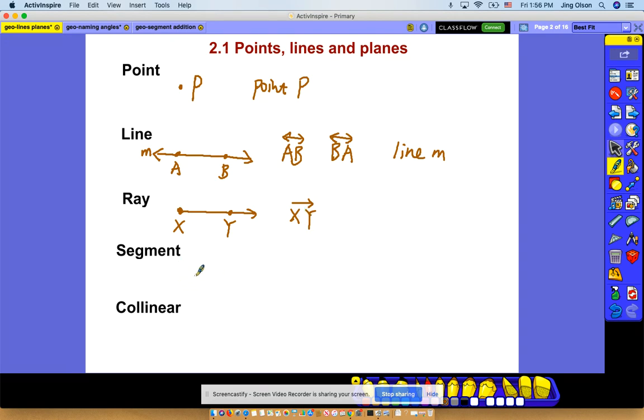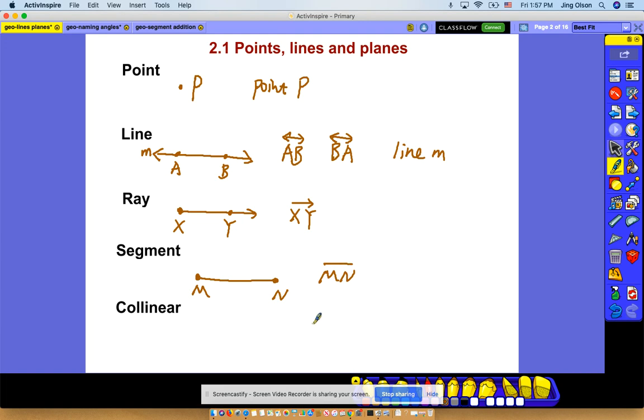A line segment has 2 endpoints. Let's say this one is M, this one is N. Remember, points always use uppercase letters. Use uppercase X, Y, A, B, M, and N. You don't ever use a lowercase letter for points. So segment MN, just like that.